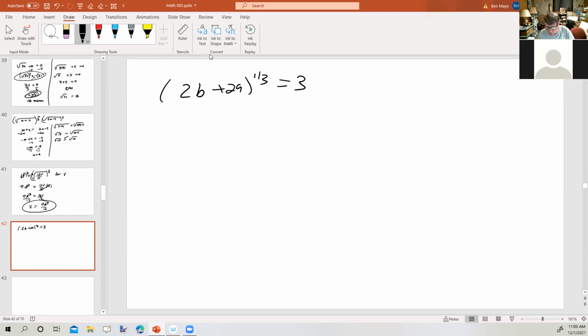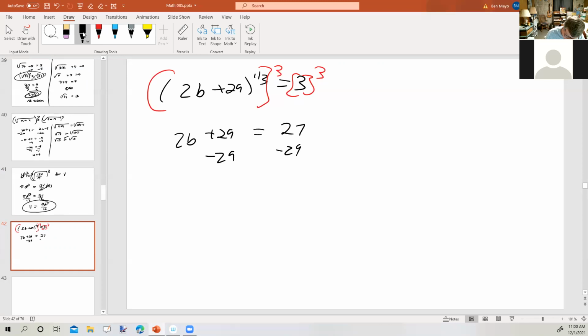Recall that the 1/3 power is like the cube root. So I could take both sides and cube them. On the left side, the 1/3 and the 3 would reduce down to a 1. So we get 2b plus 29 all to the 1 power, which is 2b plus 29. And on the right side, 3 cubed is 27.